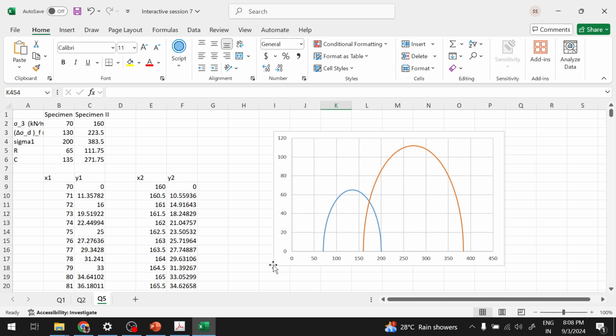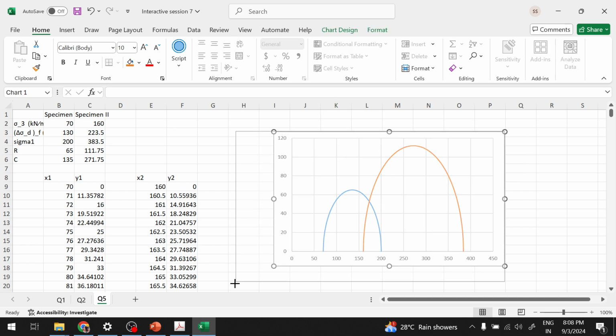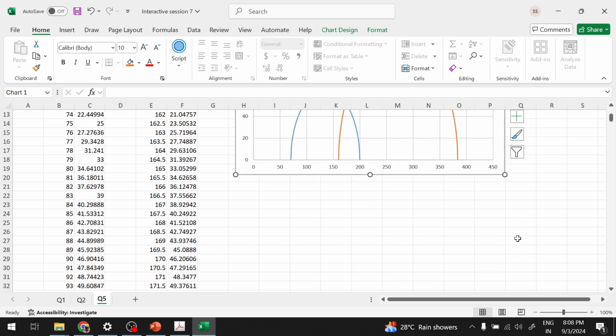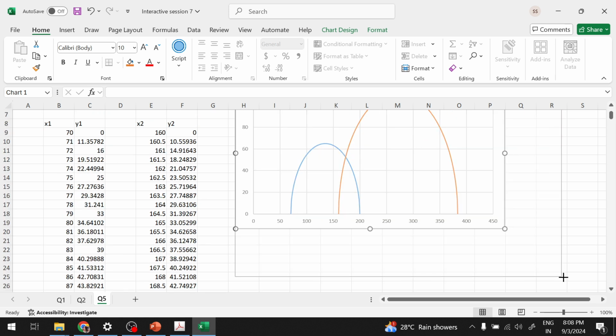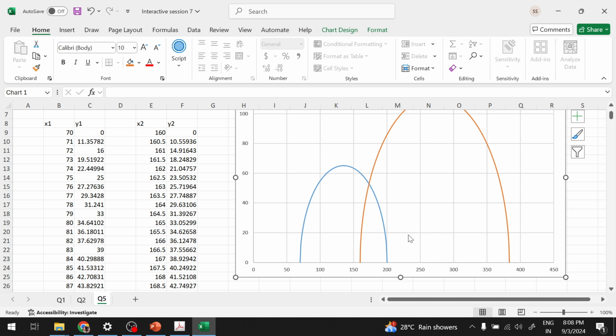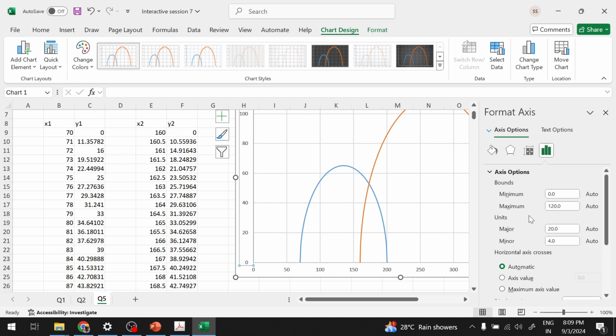See, we got two good Mohr circles, two great Mohr circles. Now what we need to do is actually we should give the same scale to both the axes. It has to be on same scale. So let us take 0 to 400, 0 to 400. Or you can take major unit as 50 in this.